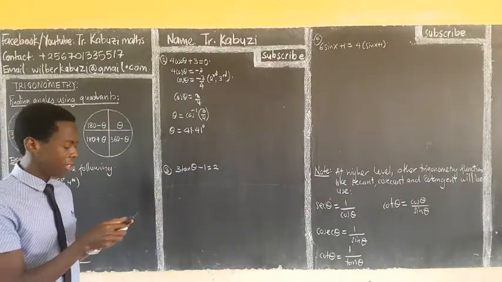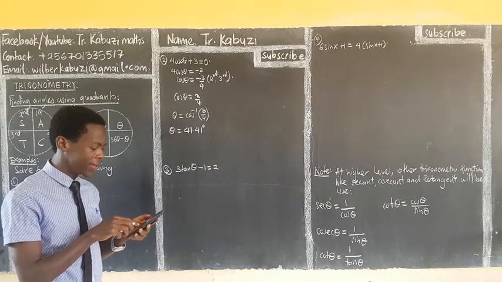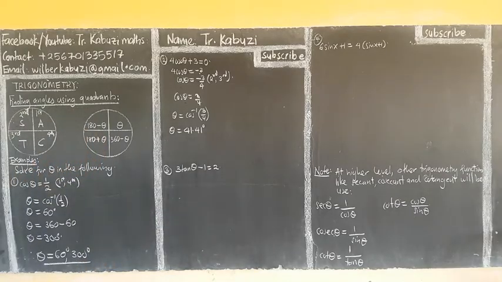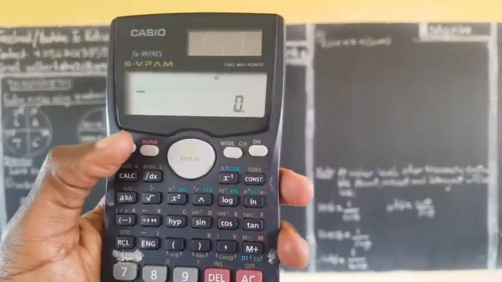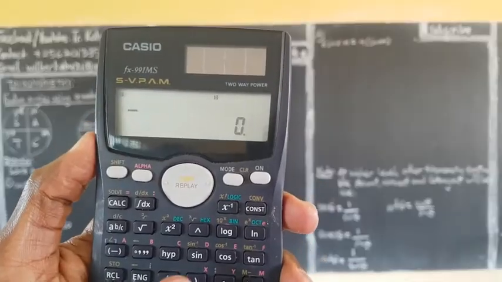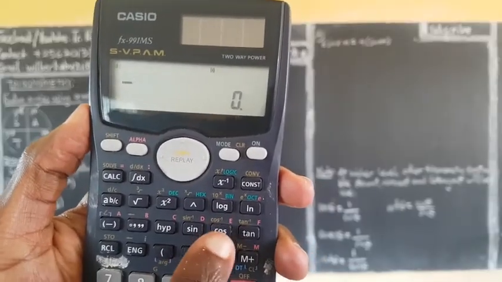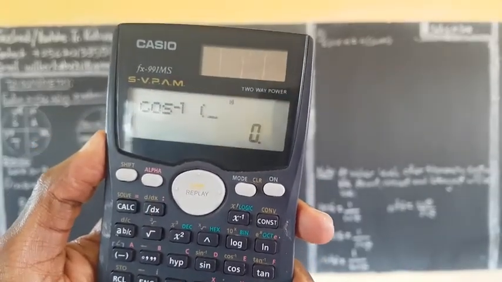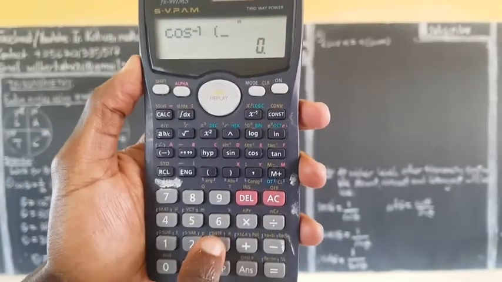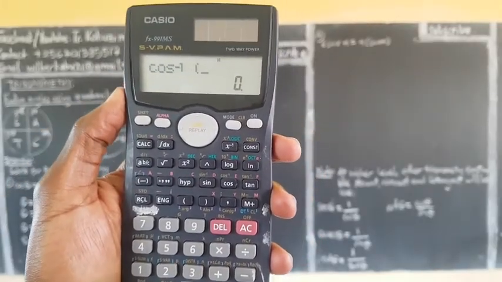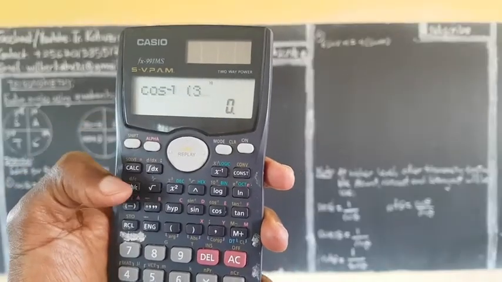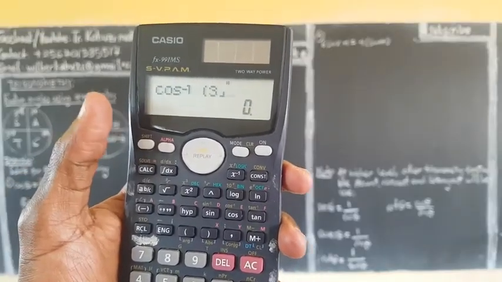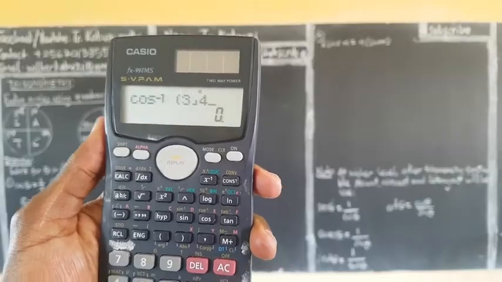Let me show you how I pressed that one. You say I need cos inverse of 3/4. What you do, you press shift, then you press cos, and you see the inverse come. Then you open brackets, you press 3, which is the numerator, then the fraction button, and then the denominator, which is 4.